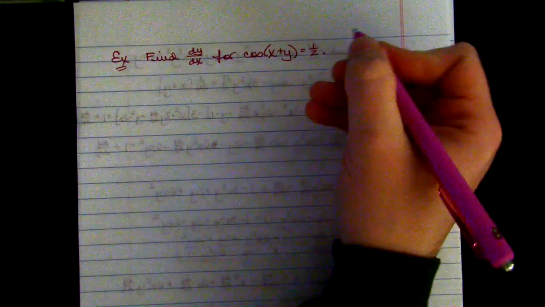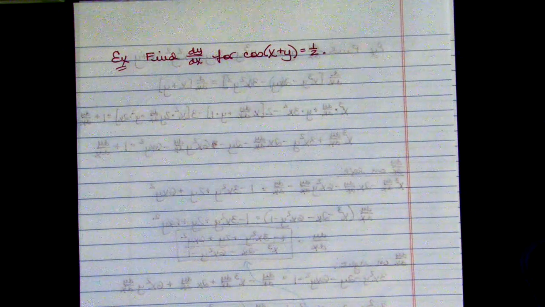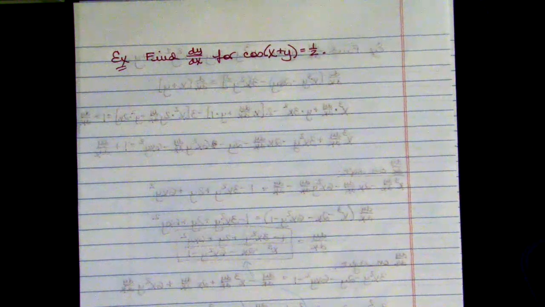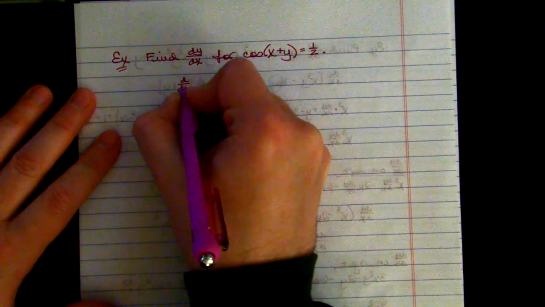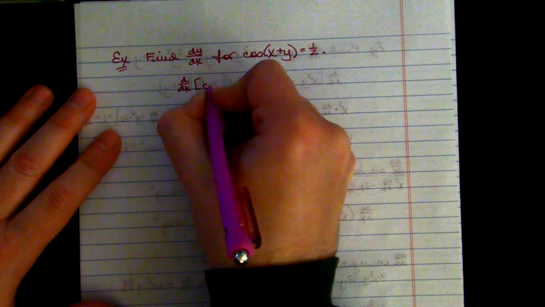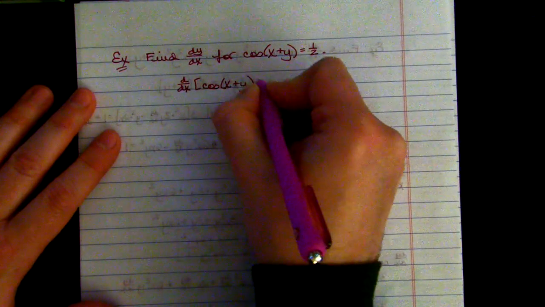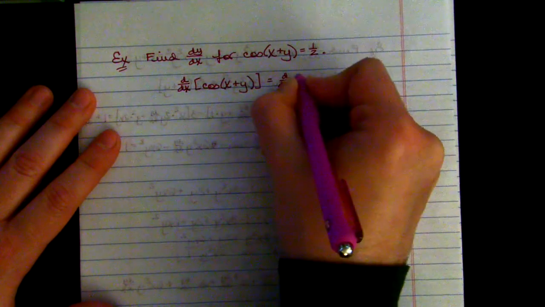I would like you to copy that down, but do not go to Desmos yet. Just copy that down. Now, I'm going to find my derivative. I want to do the derivative of the cosine of (x plus y), and I want to do the derivative of 1/2.